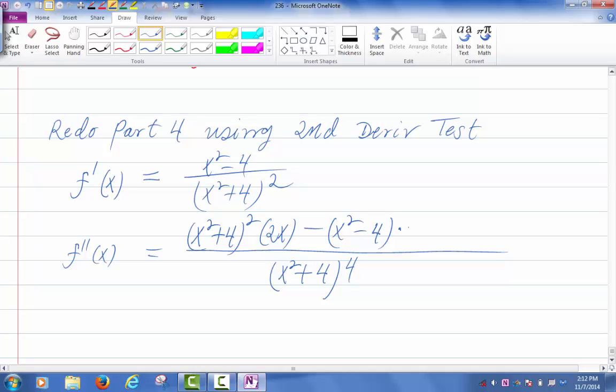What's the derivative of the denominator? Anybody? 2 times x squared plus 4 times 2x. Okay, so that's the second derivative that we should be obtaining.